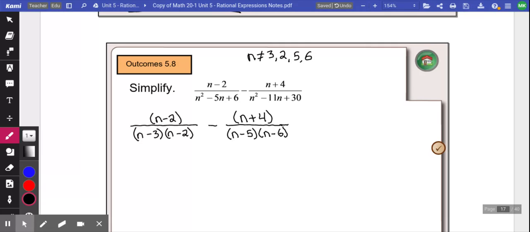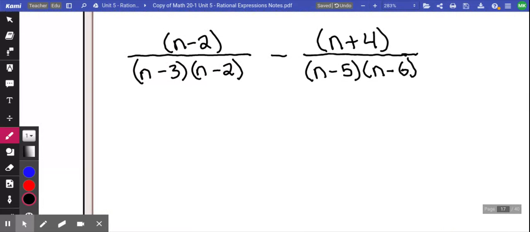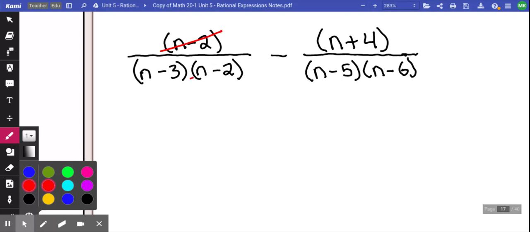Now, there's something unique about this question that we haven't had to deal with yet. And that unique thing is that when you go to get your common denominator, we can actually save ourselves a lot of work by recognizing that one of our fractions can be simplified.